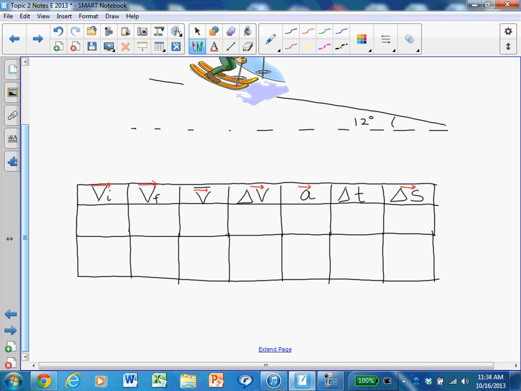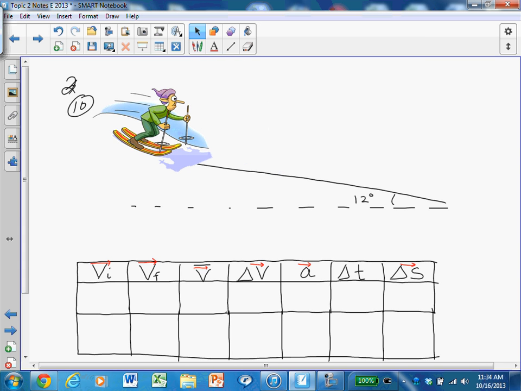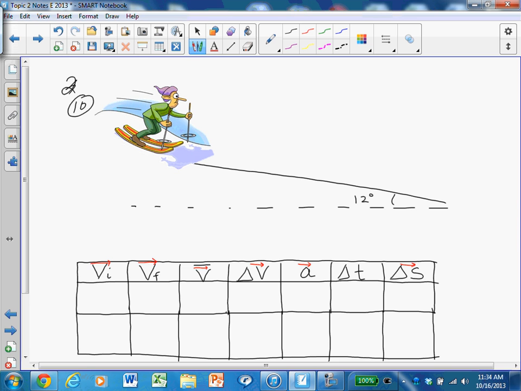So she starts up here. VI is 0 meters per second, and then it says 50 meters. She's going down 50 meters, so we'll put negative 50 meters here.